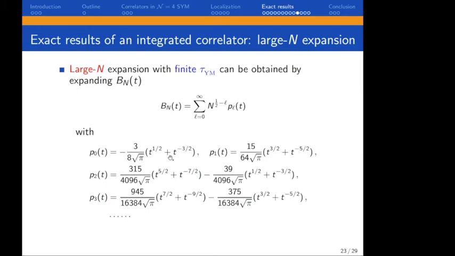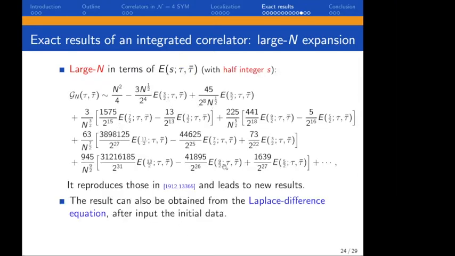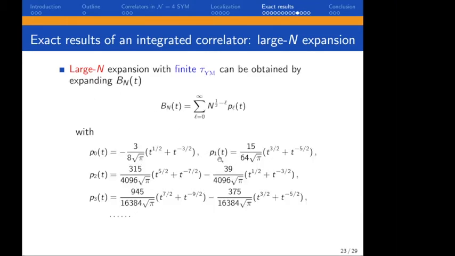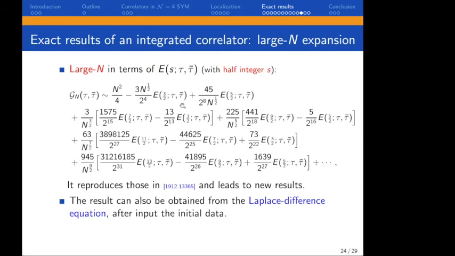You see at each order, very symmetric objects appear. Here we show at least a few orders, but of course you can go as far as you want. Then we can plug this integrand into the integral, and this leads to a large N expansion for the integrated correlators at finite coupling. It turns out all those terms combine together and give the non-holomorphic Eisenstein series again.